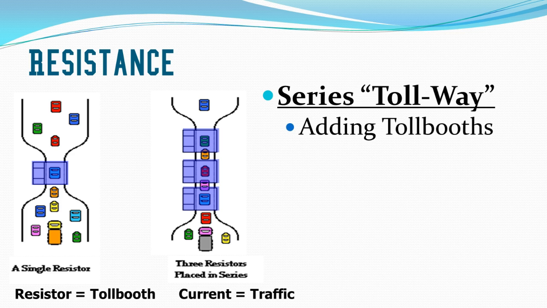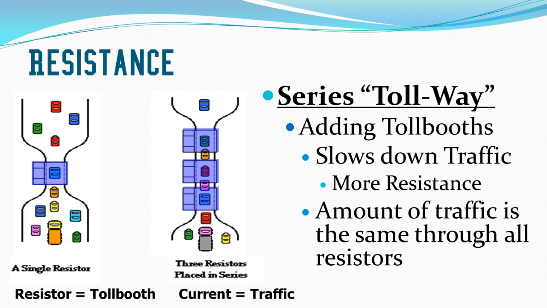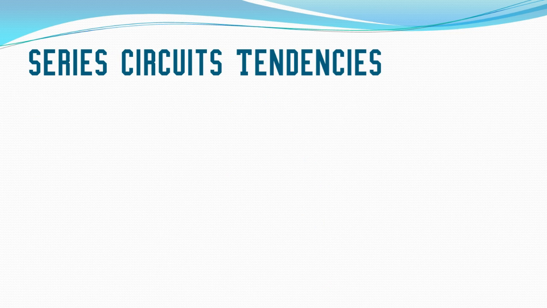These tendencies can be summed up like so. Our total resistance is equal to the sum of all the resistors. So if you have 3 resistors, add them up, that's your total resistance. If you have a current, it's always the same. Once I know the current at one point throughout my series circuit, I end up with my current at all points. So at all resistors, at all bulbs, at all motors, at all buzzers, and at the cell, the battery itself.